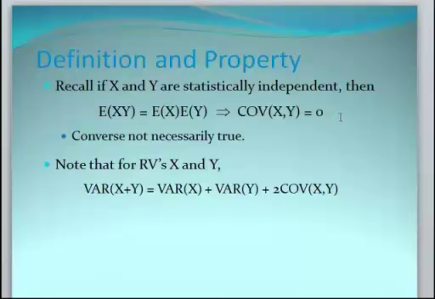So we saw a little of that earlier. The converse isn't necessarily true. Now notice that if you have random variables x and y, then if you add them together, right, then you can calculate the variance using this equation right here.